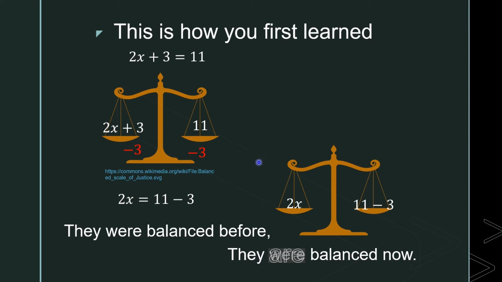But what you want to keep in mind is that rather than going through this process of writing negative 3 here, and then drawing a line here, and then canceling 3 from this side, and then writing like this, we simply remember that this positive sign becomes a negative sign when the term moves to the other side.